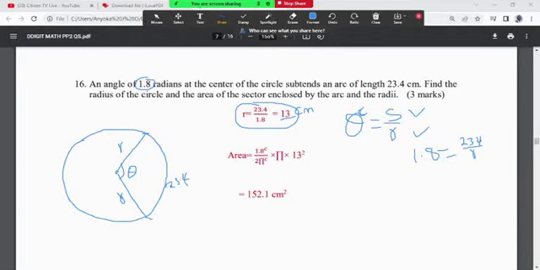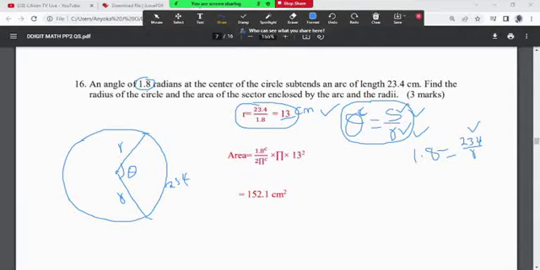Find the radius of the circle and the area of the sector. So radius of the circle is 13 centimeters. So you must remember that angle in radians is equal to arc length over radius. That one will help you get the radius.